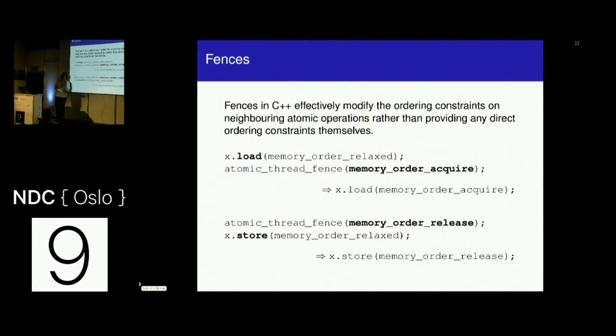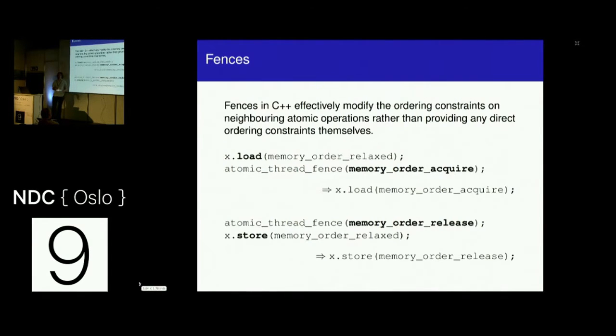And in C++, whereas if you're looking at processor documentation, then fences might have global properties. In C++, specifically, fences modify the ordering constraints on the surrounding atomic operations. So if we've got a load with a relaxed memory order, and then we apply a thread fence with acquire, then it is as if we've said load with memory order acquire and no fence.